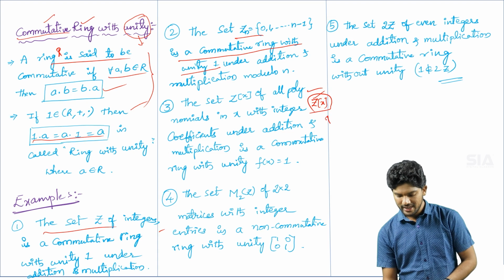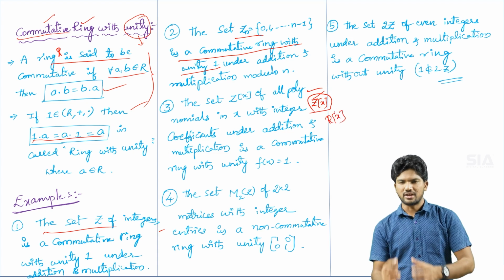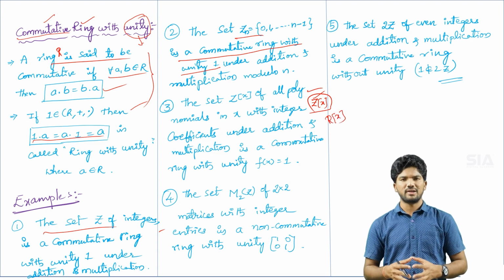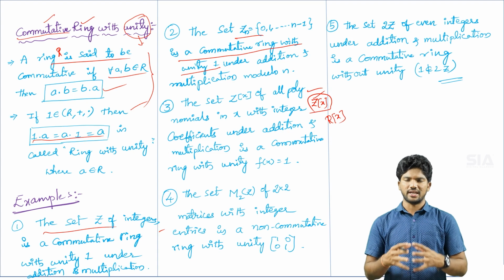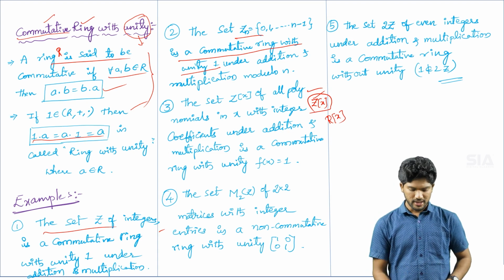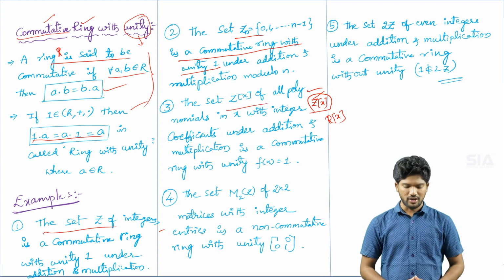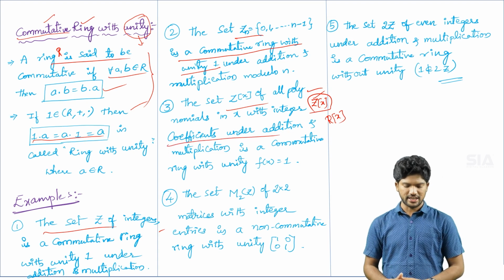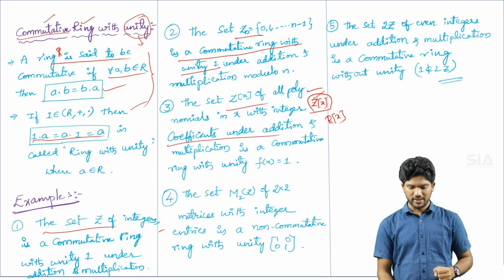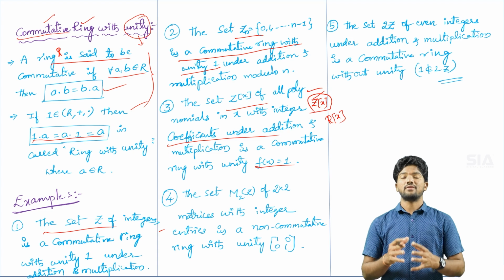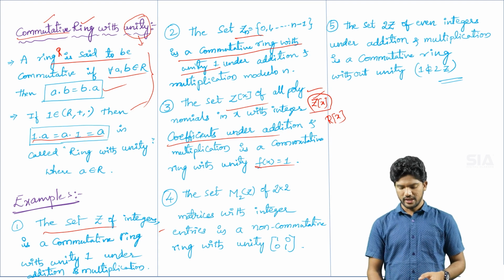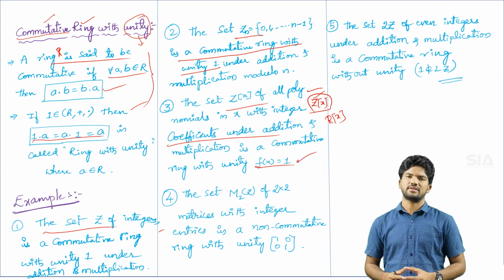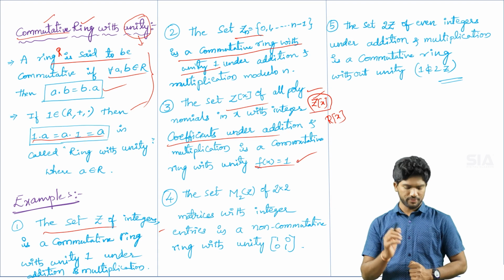If you have R here, it is the group of polynomials with real number coefficients. So the set Z of x of polynomials in X with integer coefficients under addition and multiplication is a commutative ring with unity, f of x is equal to 1.